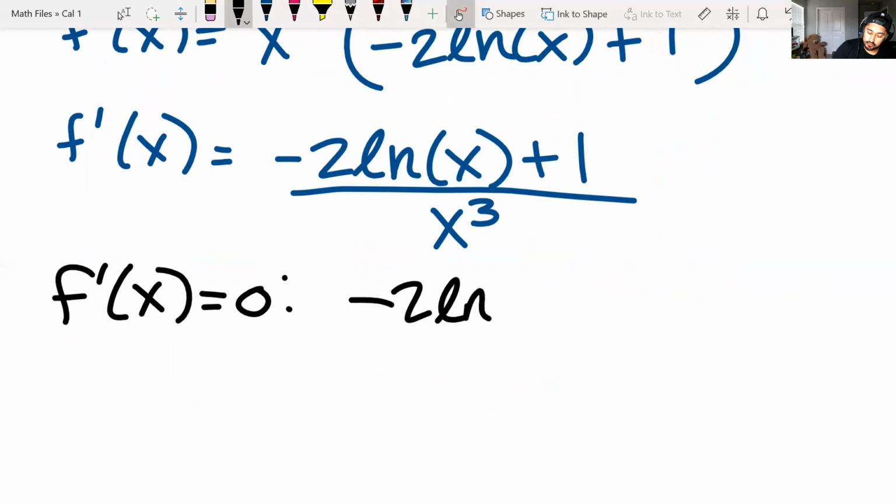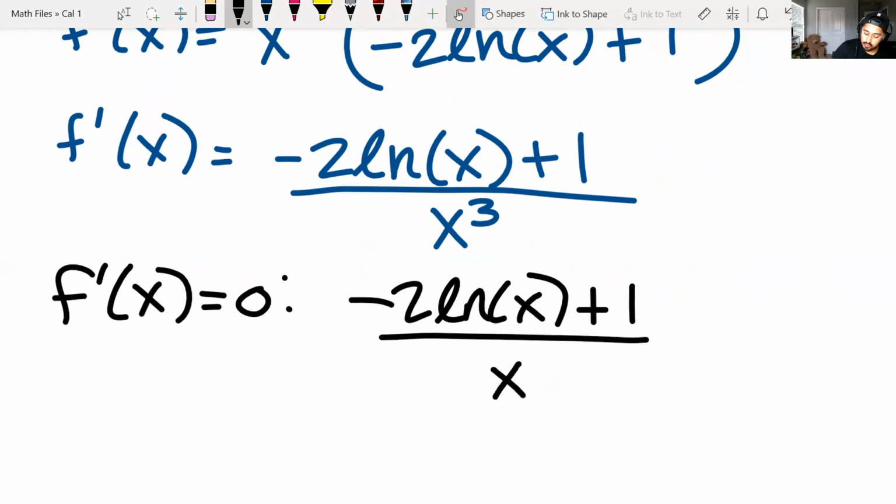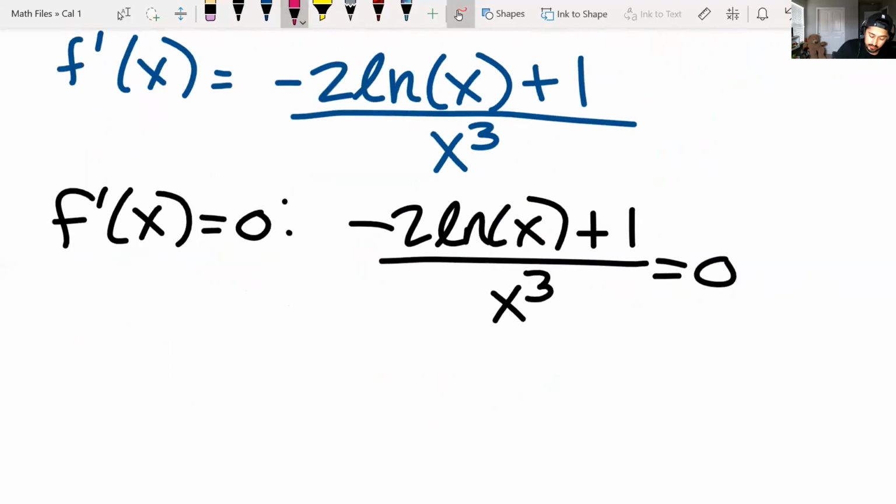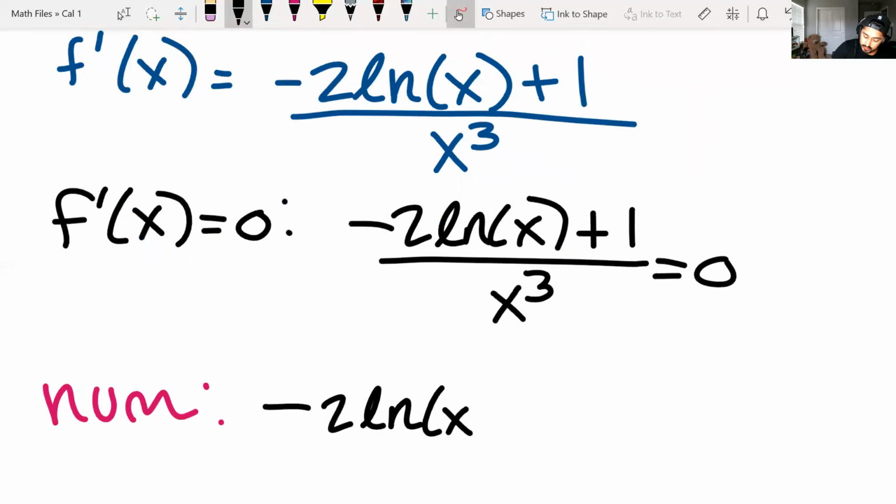Negative 2 natural log x plus 1 over x cubed equal to 0. And now, since it's rational, we'll have something from the numerator, which means we'll have negative 2 natural log x plus 1 equal to 0.